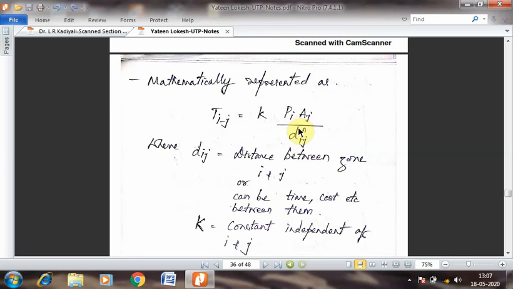This D can be distance, or time, or even cost between the two zones. Here in this particular question, they have considered time as the spatial separation between the zones.